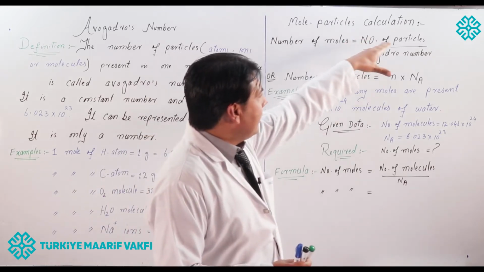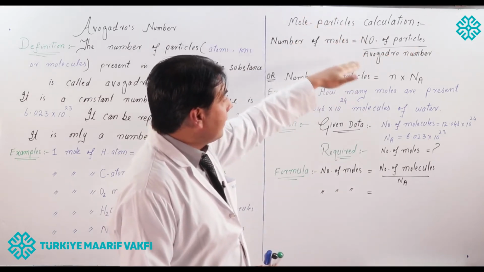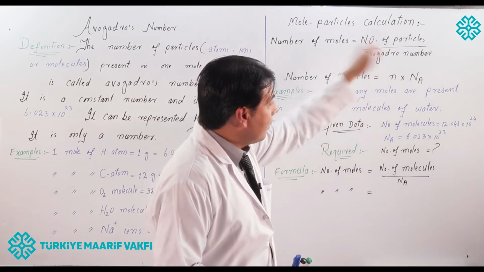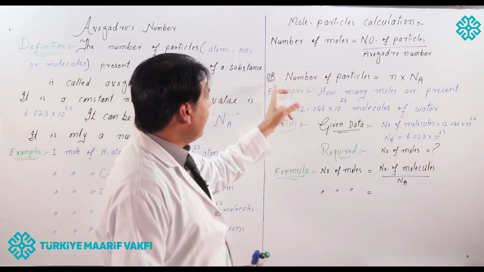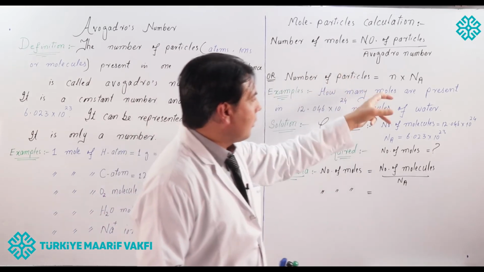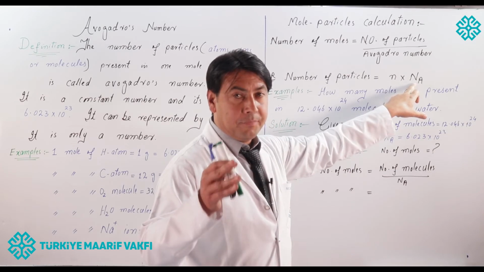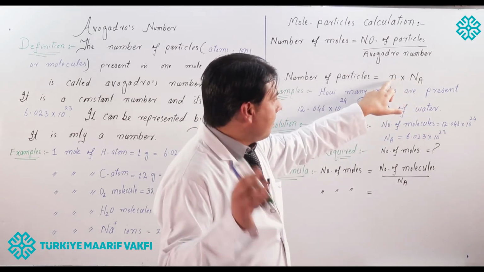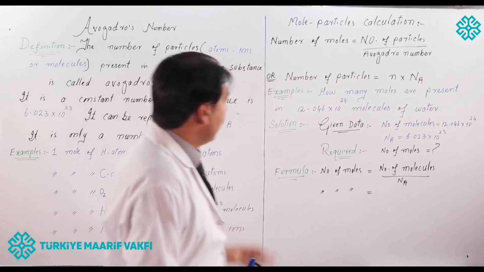When we divide the number of atoms, ions or molecules by Avogadro number, we get the number of moles. Similarly, number of particles is equal to number of moles multiplied by Avogadro number. We can represent the number of moles by small n and Avogadro number by NA.